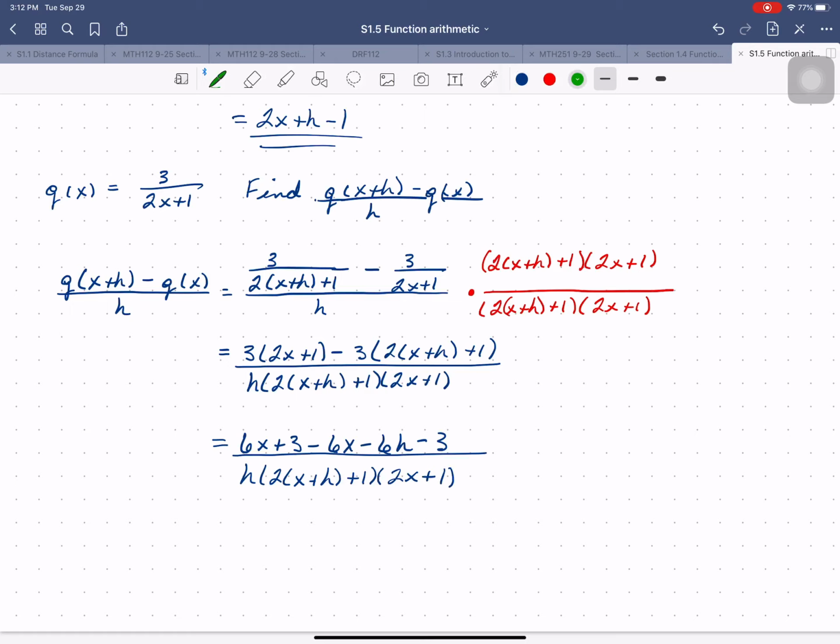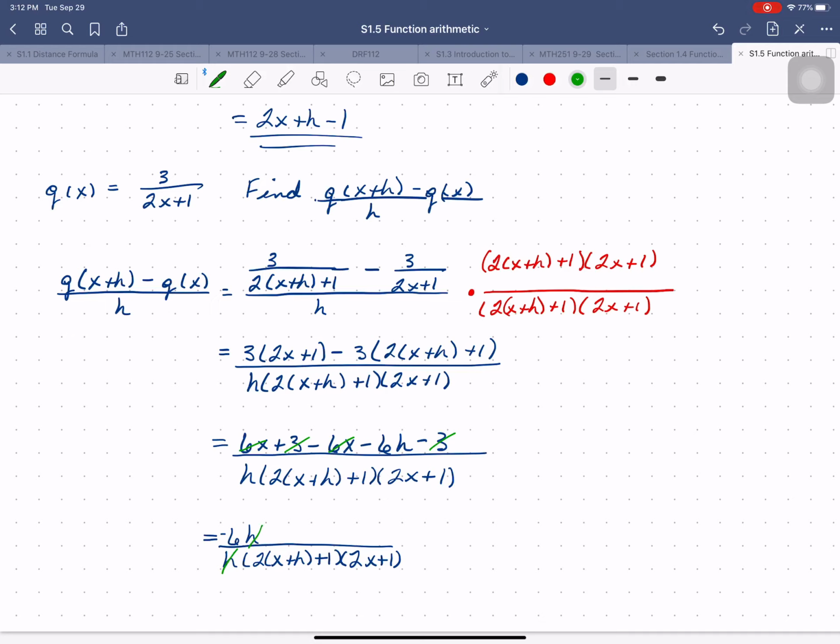All right, so in the numerator we're going to combine like terms, and that gets rid of the 6x's and the 3's, and I'm left with negative 6h over h times 2 times x plus h plus 1 times 2x plus 1.